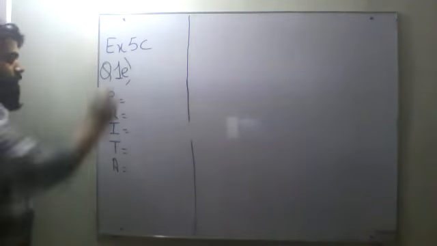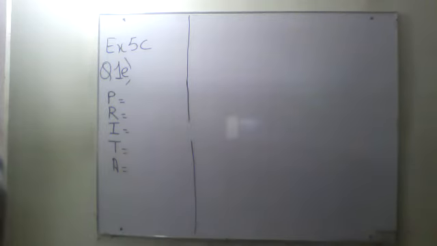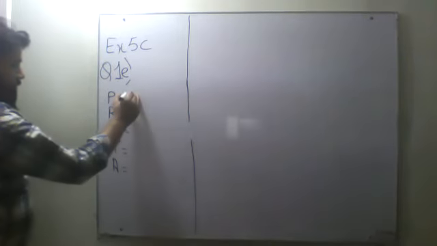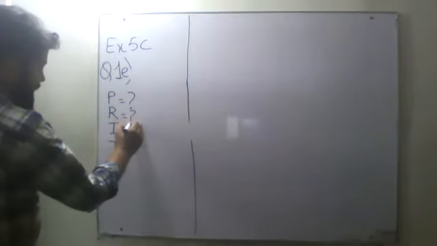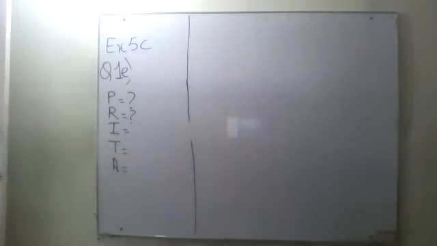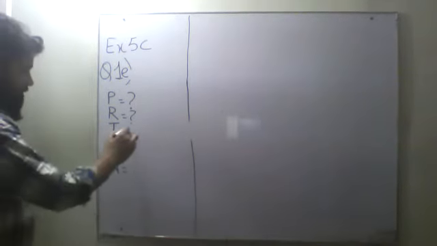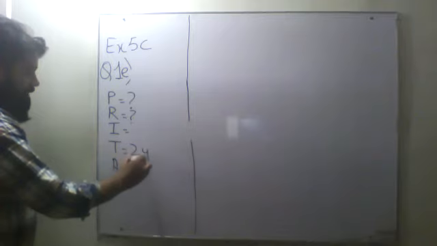1E we are going to do. They are saying in 1E we have to find principal. They haven't given us principal. They are also telling us to find rate, which is also not given. Time, 2 years, is given.